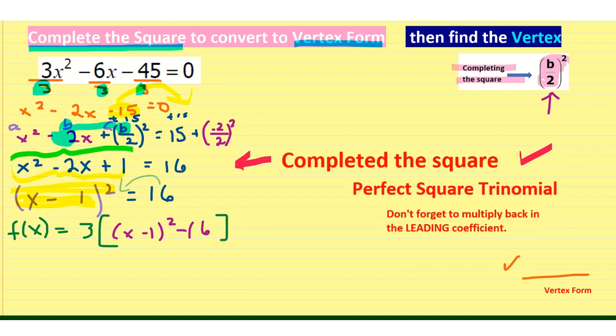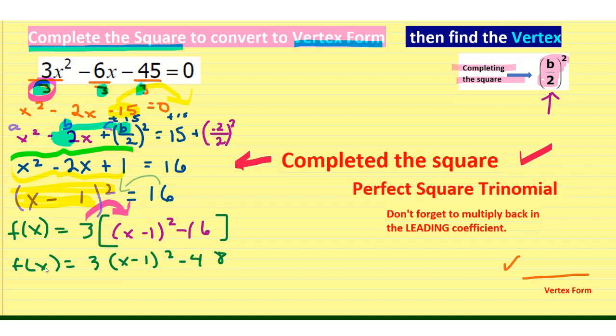But at that level, that's what we need to understand, that we have just taken that 3 that we divided out, and we're now going to multiply it back into it. So we're going to complete this using order of operations. So f of x is equal to 3 times x minus 1 squared, and 3 times the 16 is a negative 48.